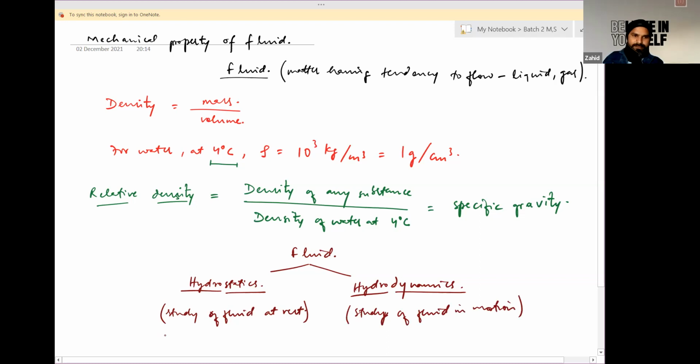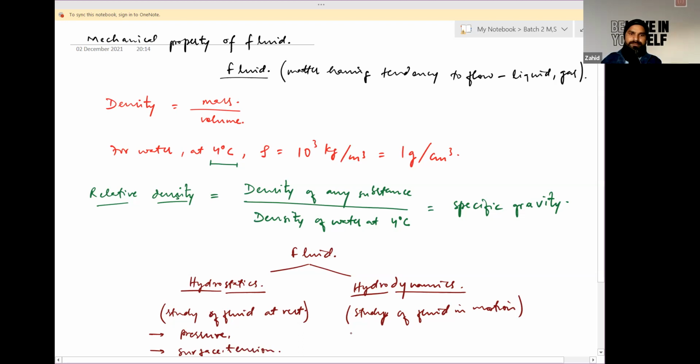In hydrostatics, you will learn first pressure, Pascal's law, and various applications. Second is surface tension and its various applications; Archimedes' principle is omitted from your syllabus.